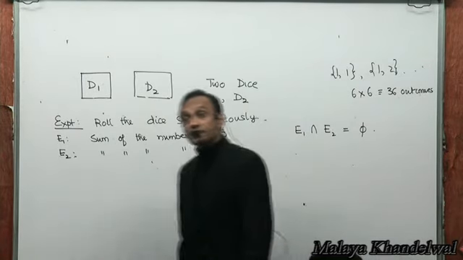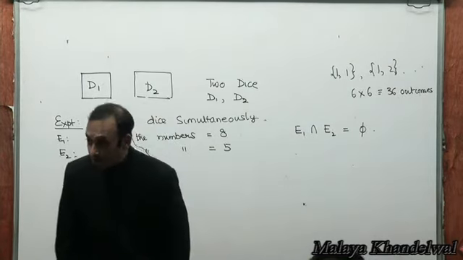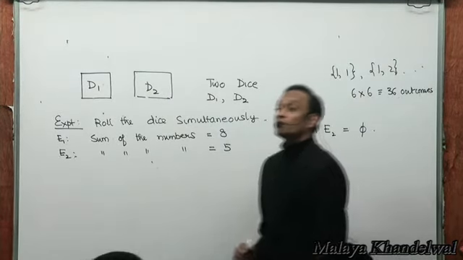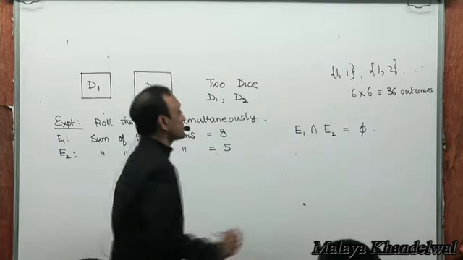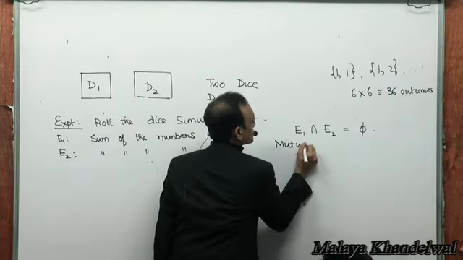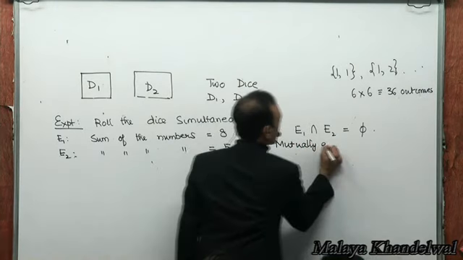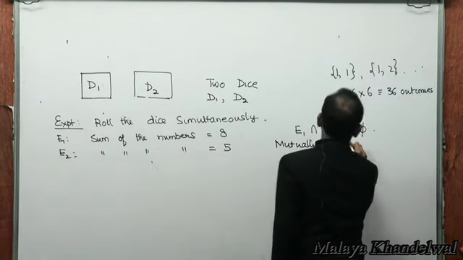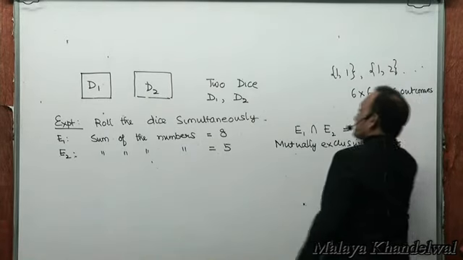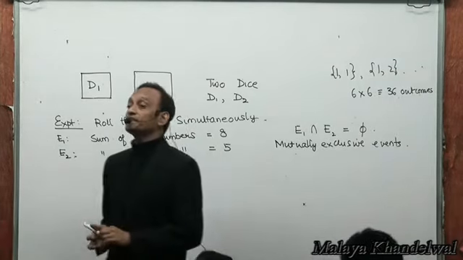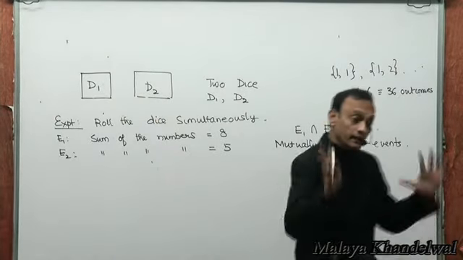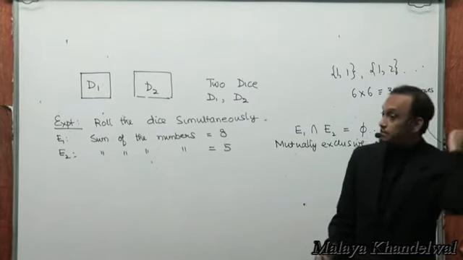They cannot happen simultaneously, and if they cannot happen simultaneously, they are called mutually exclusive events. E1 and E2 are called mutually exclusive events, right?